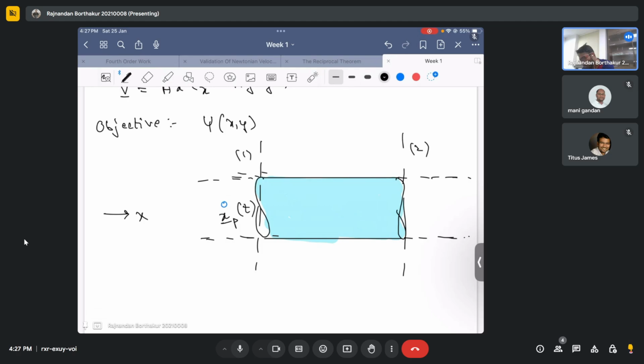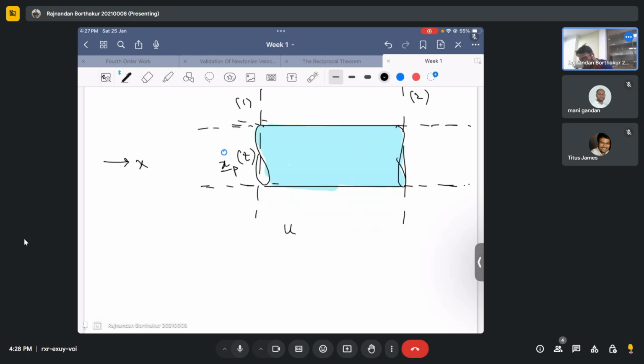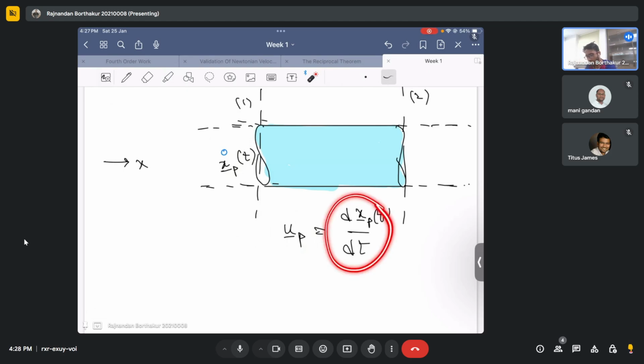Now if I know its position as a function of time, I also know its velocity, because the velocity of this fluid particle, let's say I'm calling it up, is nothing but d of xp, which is a function of time, by dt. Since the position is just a function of time, this is sufficient for me to know the velocity of the fluid particle if I differentiate this position with respect to time.